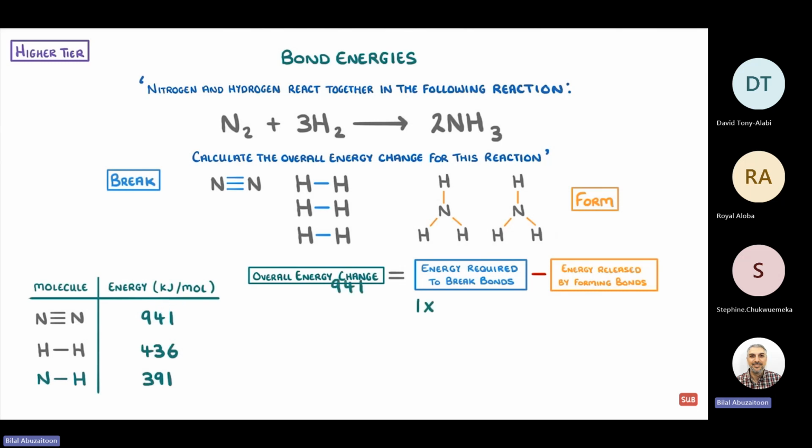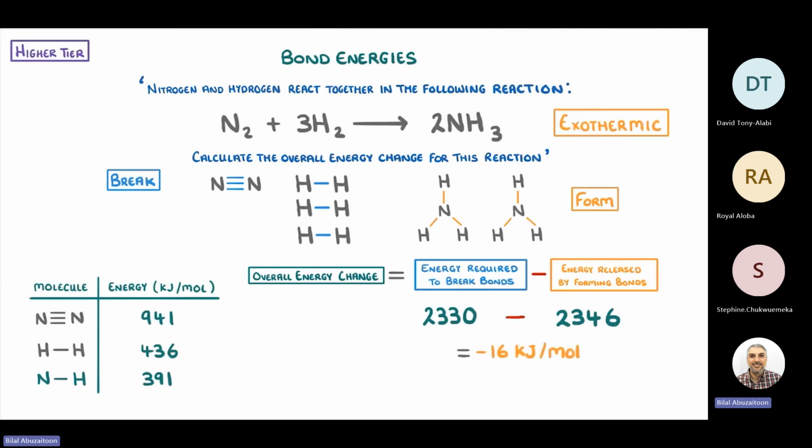So 1 times 941 plus 3 times 436, which we can put in one big bracket, minus 6 times 391, which simplifies to 2,330 minus 2,346, giving us minus 16 kilojoules per mole, which makes it an exothermic reaction.